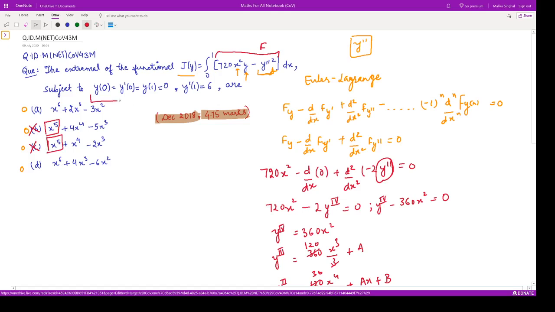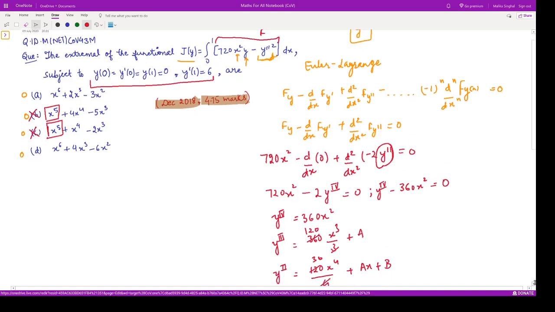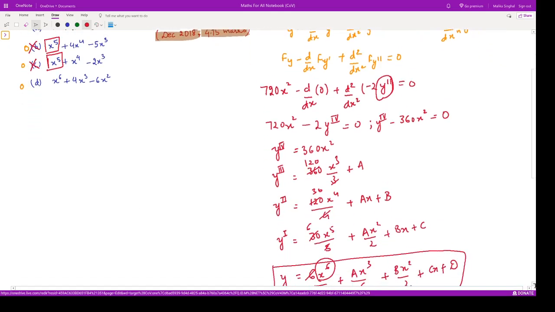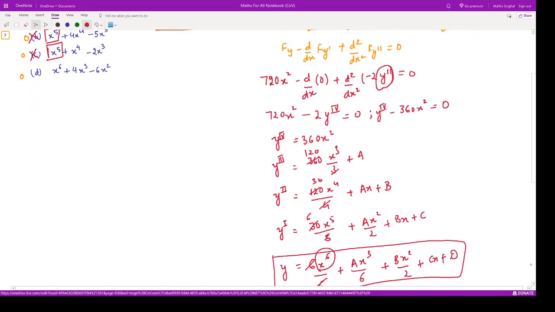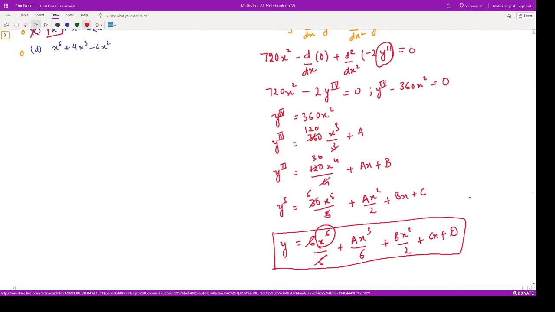So let us look at the boundary conditions. Our y is this one, so let us call it star. Now we'll substitute the conditions one by one. We are given y at 0 is equal to 0, so let us substitute it in here. We have d equal to 0. And this is y dash.